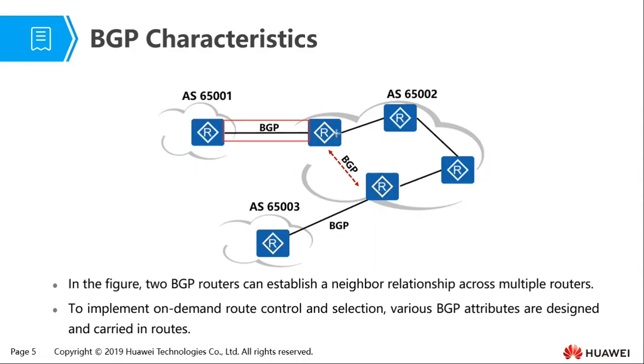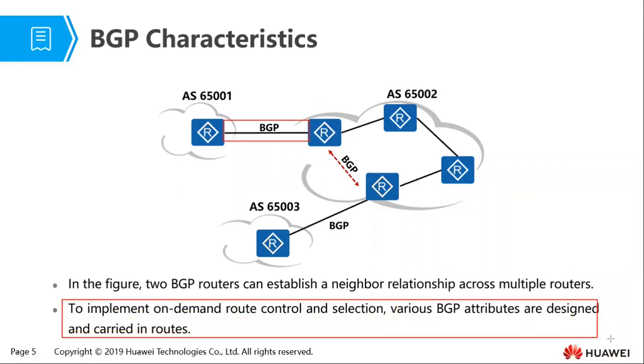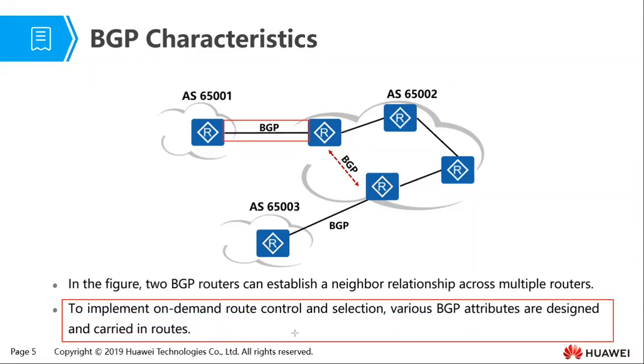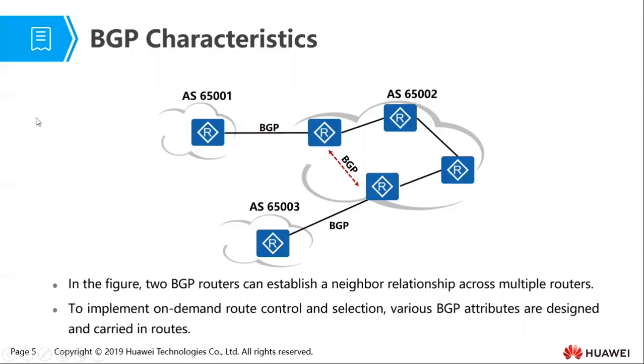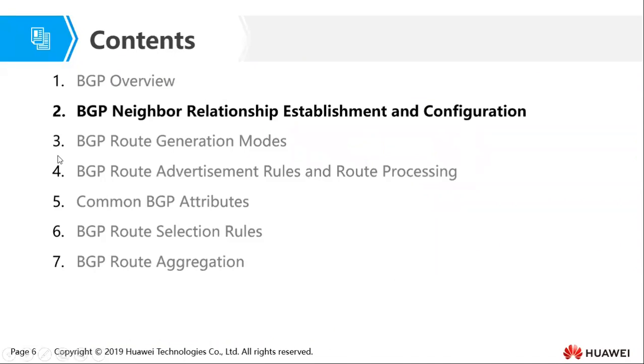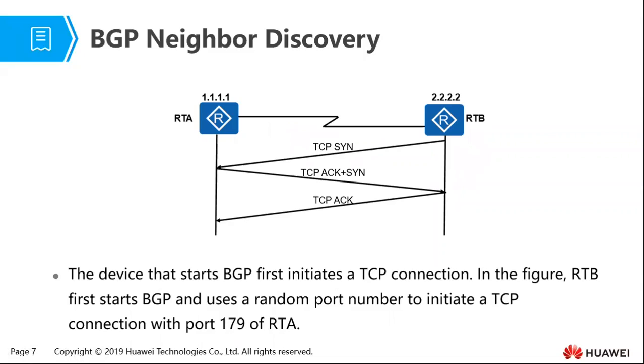But we can also establish BGP relationships within an autonomous system, and we are going to see what that is called. So to implement on-demand route control selection, various BGP attributes are designed and carried in routes. We are going to go through a number of BGP attributes that are actually carried in the update message of the BGP packet.